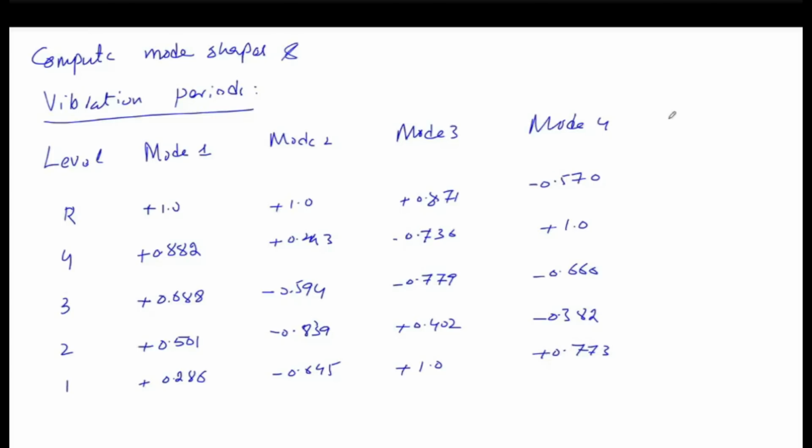Okay, and for the last mode, which is mode 5, it is minus 0.126, plus 0.335, minus 0.744, plus 1, and then minus 0.647. Okay, so these are the normalized modes.